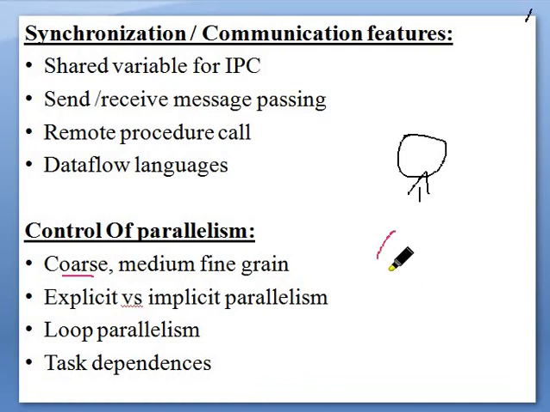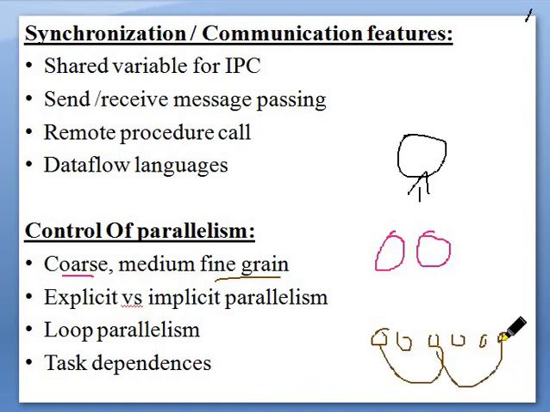Medium means divide into medium sized problems and execute, whereas fine grain means divide into a small n number of subtasks. So what happens when we divide into subtasks? Many subtasks we can execute parallelly, so that we can expect more parallelism whenever we divide a problem into fine grain size.